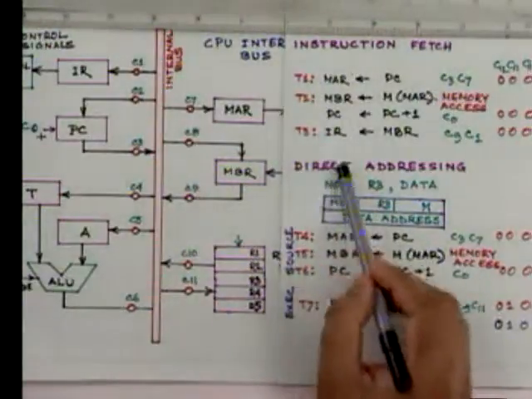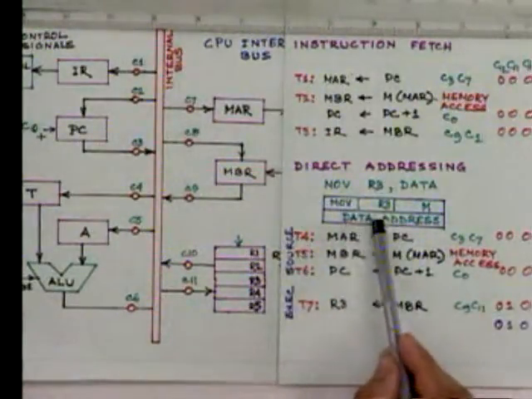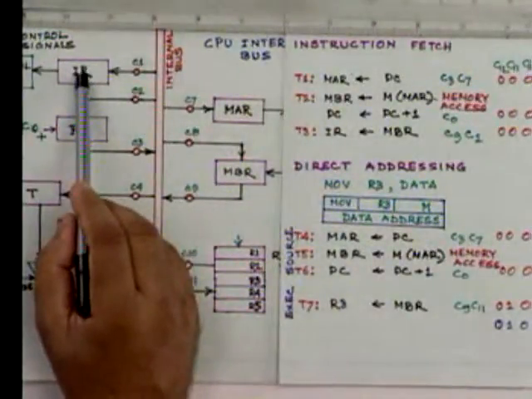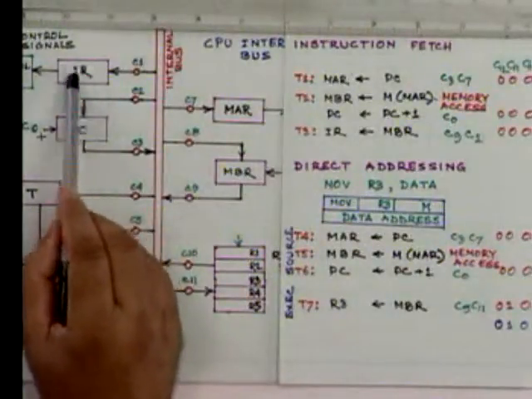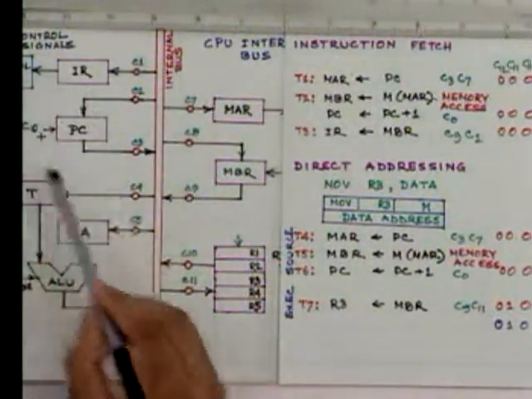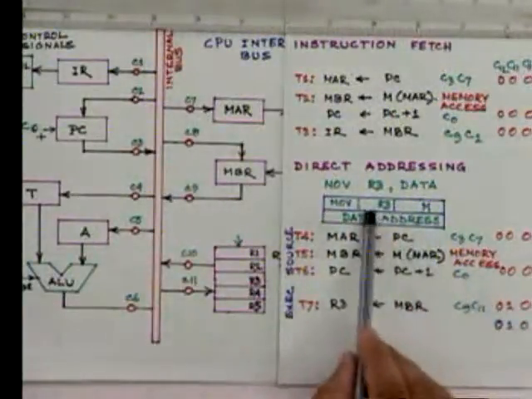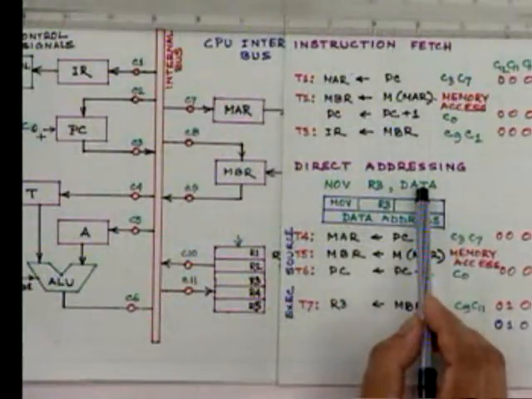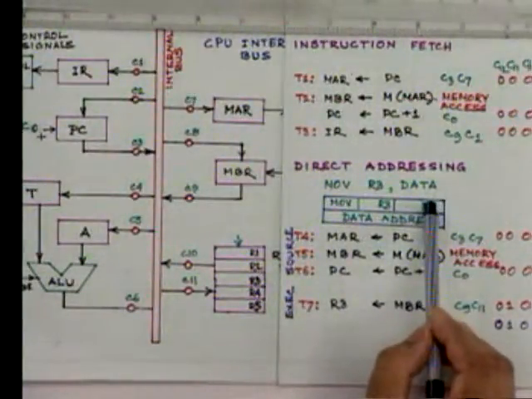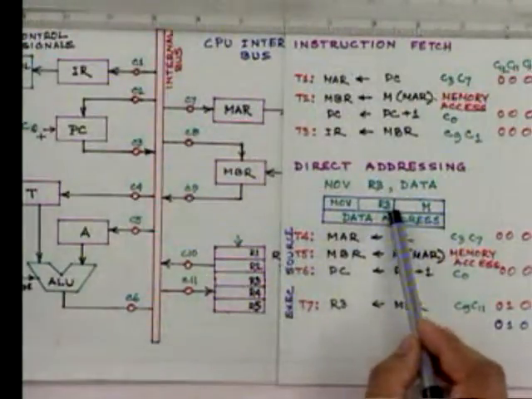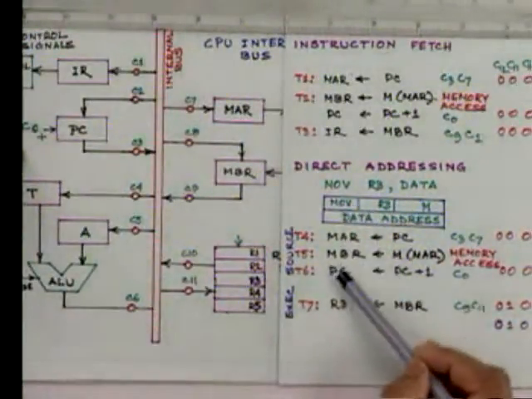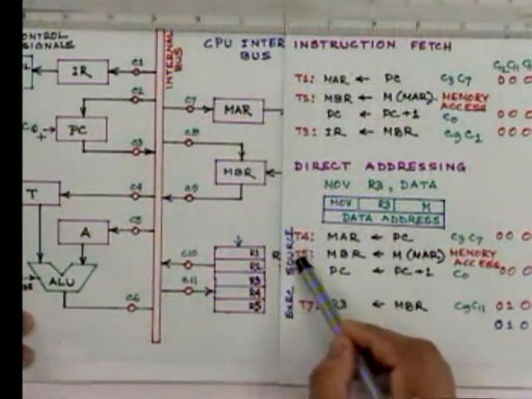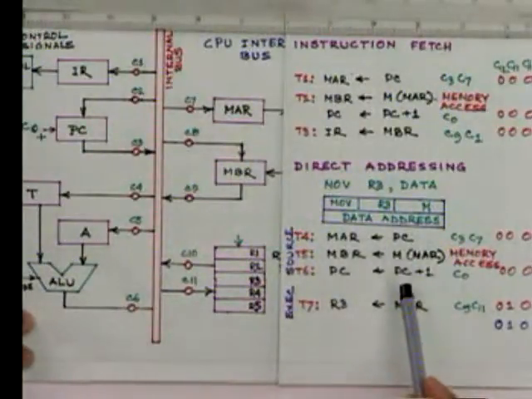After that, once the instruction is available at the instruction register, its content is decoded, and noting that a memory direct address is involved, by looking at this M, the central processing unit will go through a cycle which we call the source cycle. The source cycle will consist of, once more, several micro operations.